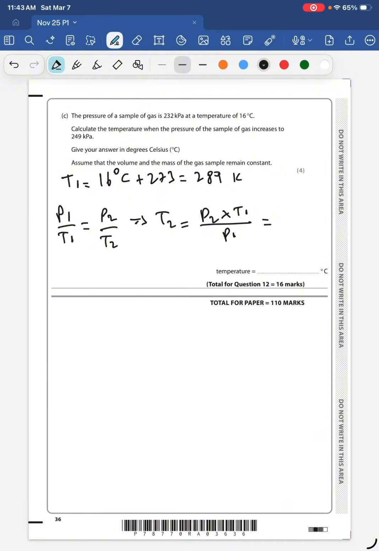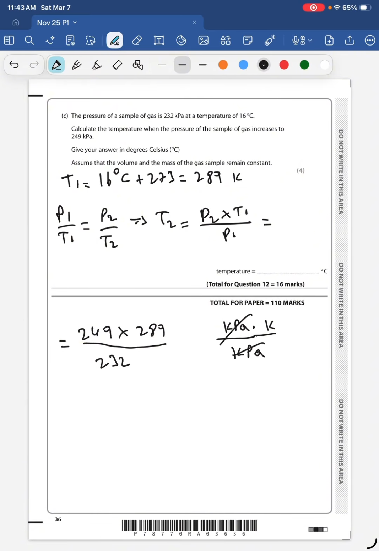I'm going to come down here. So P2 is 249, and that's kilopascals, times T1, 289, that's kelvins. And then in the denominator, we have 232 kilopascals.